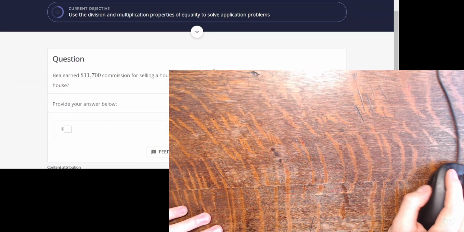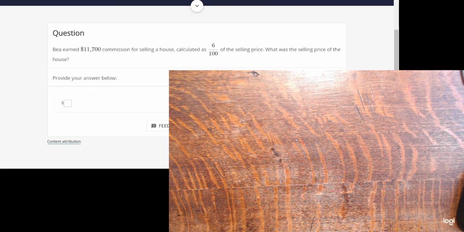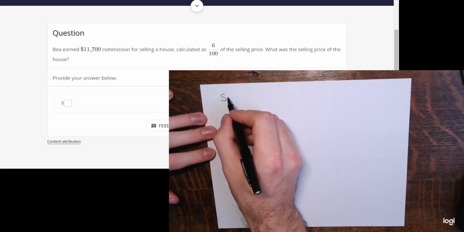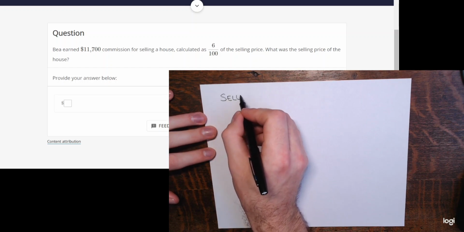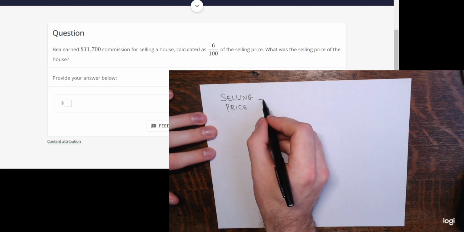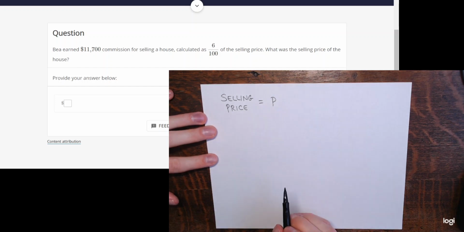So once again, I'll do it so you can see the problem. So again, the selling price of the house is what's being asked for here. I'll just put selling price, and I'll call it P for price, or S for selling price, or X, whatever you want.